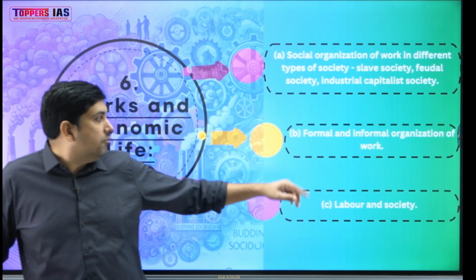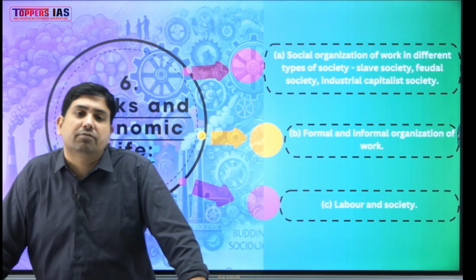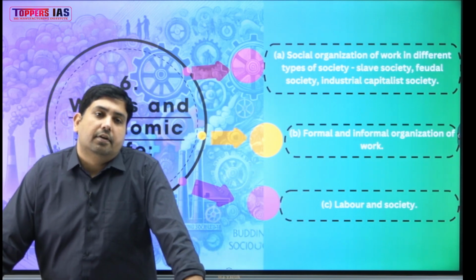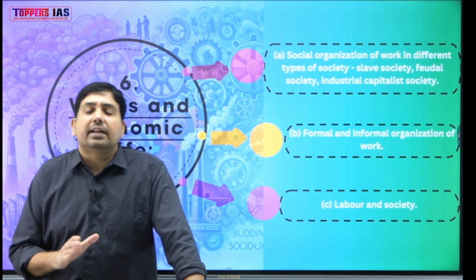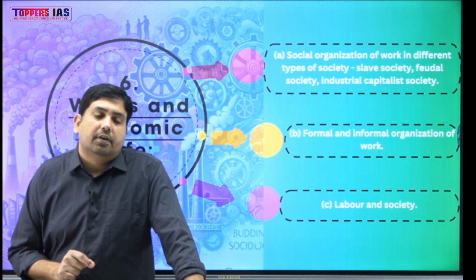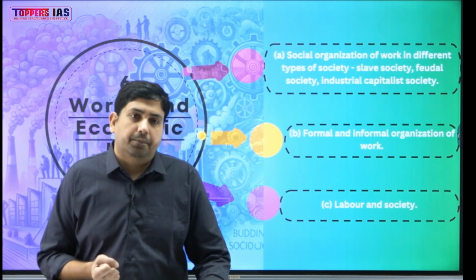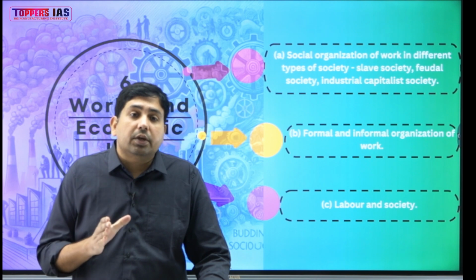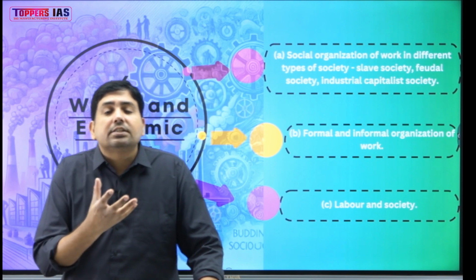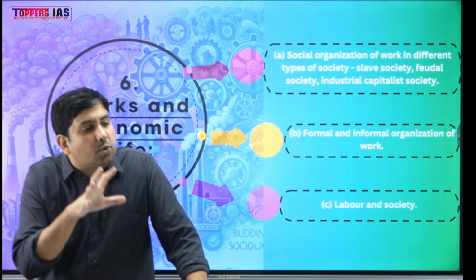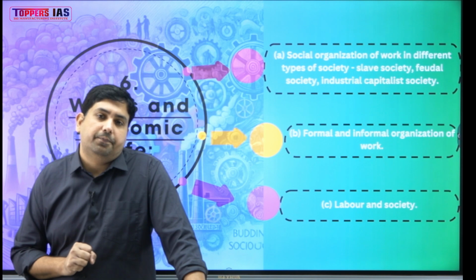Then you have formal and informal organization of work. Now, what is formal organization of work? It is nothing but a system in which there are precisely defined goals of the organization.